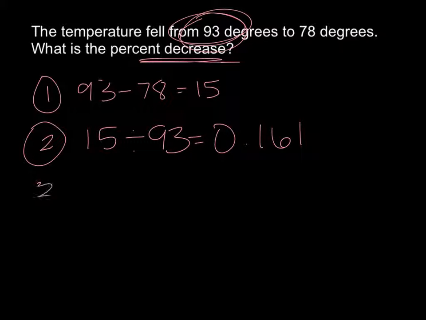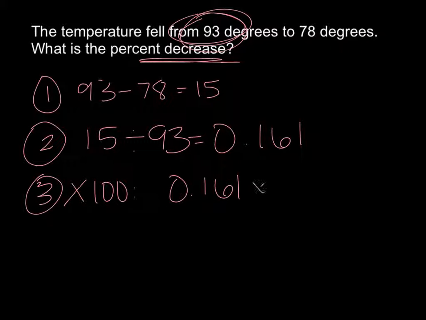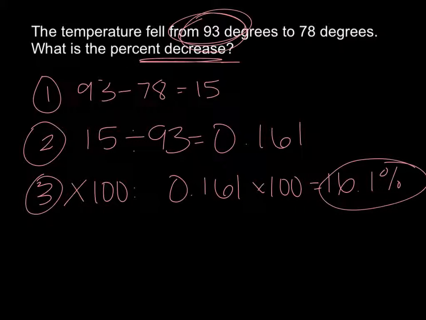And then our last step is to multiply that decimal times 100. So 0.161 times 100 is 16.1%. So the temperature decreased by 16.1%. So make sure you wrote those steps down on the last slide, that we subtract, divide, multiply by 100.